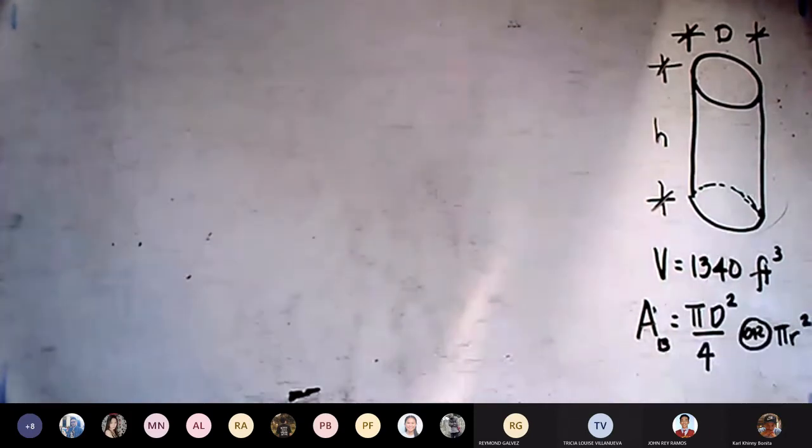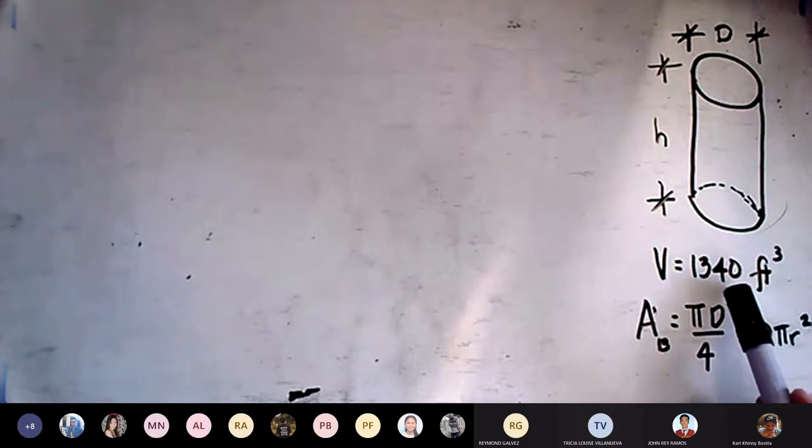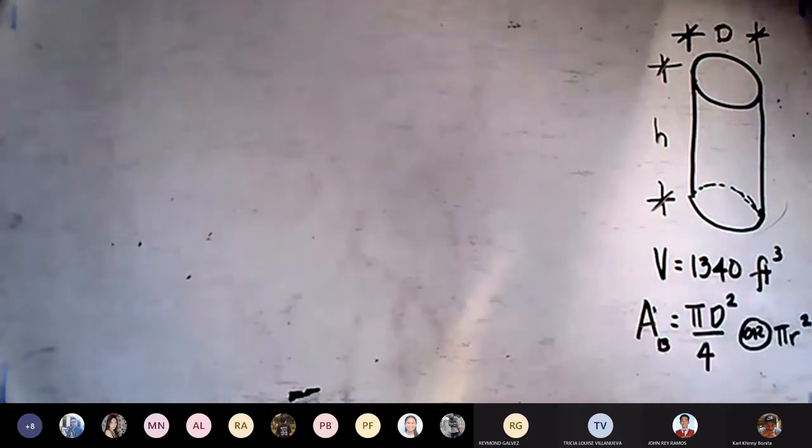You can use pi d squared over 4 or pi r squared. But since remember that the question is the base diameter in feet, then we might as well make use of the formula for the area of the base in relation to the diameter.